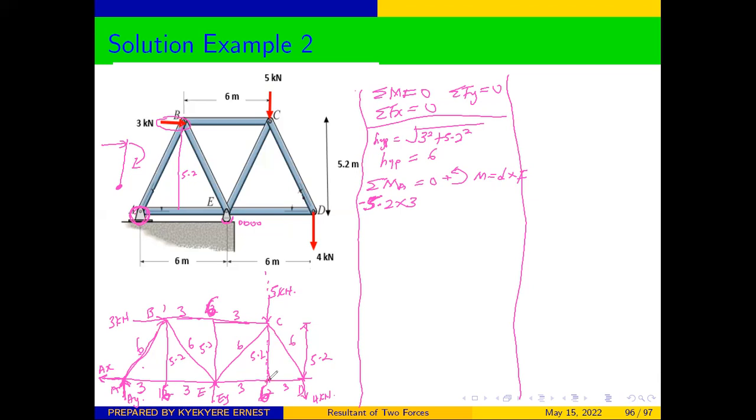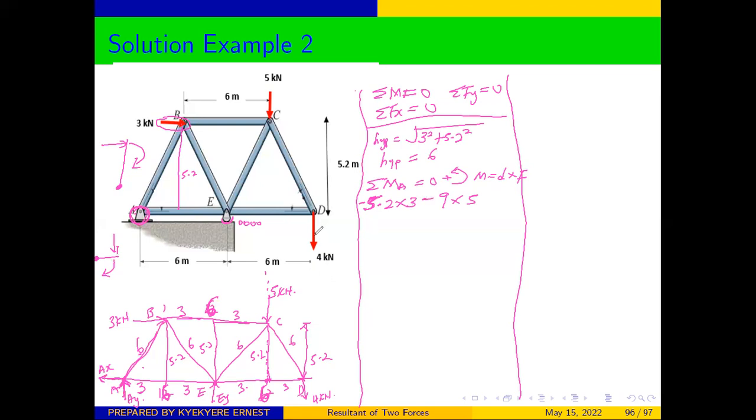The perpendicular distance will be from this point to that point, and we know that is 3 plus 3 plus 3, which is 9. We are going to get 9 times 5. We check whether it is clockwise or anti-clockwise. The force is going to rotate this body in this direction, which is clockwise, so that will also be negative.